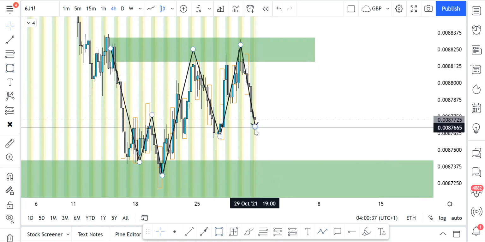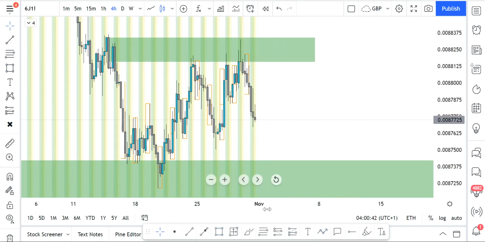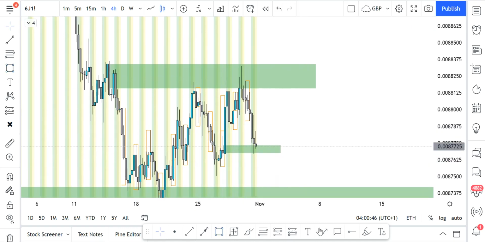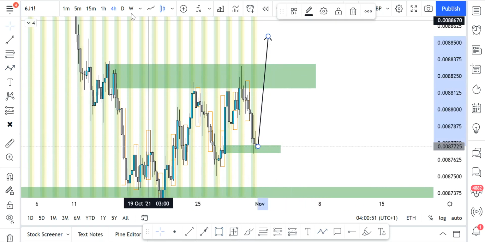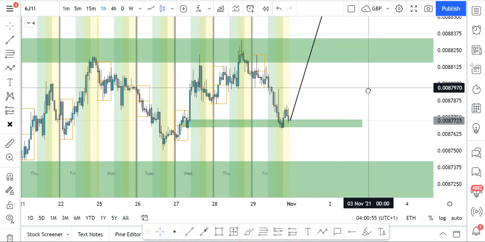So we could see price moving towards the downside furthermore, or we can see that price will react from this demand zone, and if that will be possible, then we can be able to break this moving to the upside.